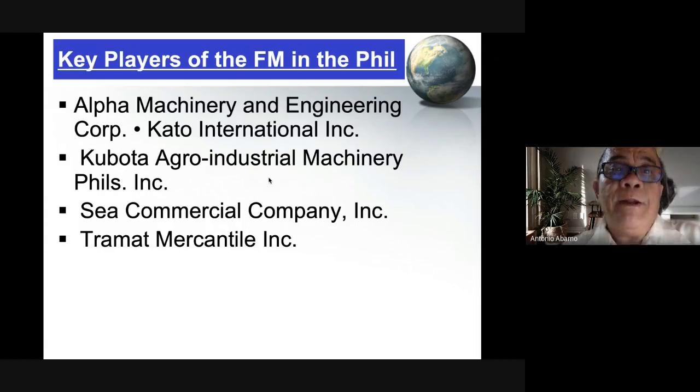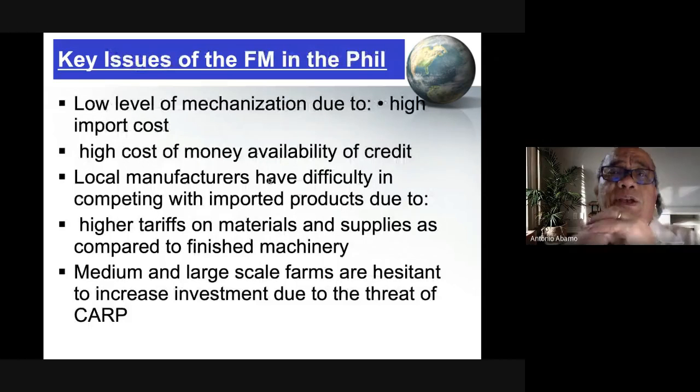the farm machinery industries. Now, what are the issues in the farm machinery industry in the Philippines? Okay, what are the issues? There is a low level of mechanization due to high import cost and the high cost of money available through credit. You also have local manufacturers having difficulty competing with imported products. Okay, now our local manufacturers are only capable of fabricating the gadget that connects with the engine, but the one that really moves everything, the prime mover, is actually imported.